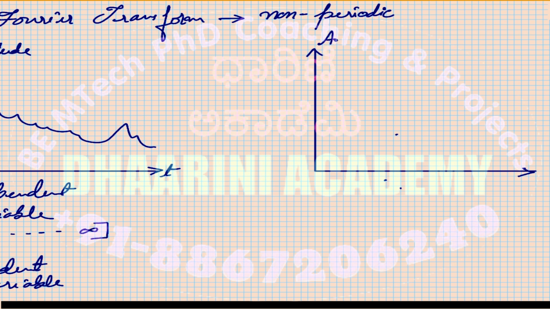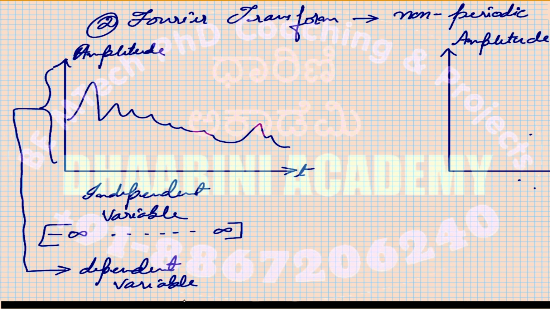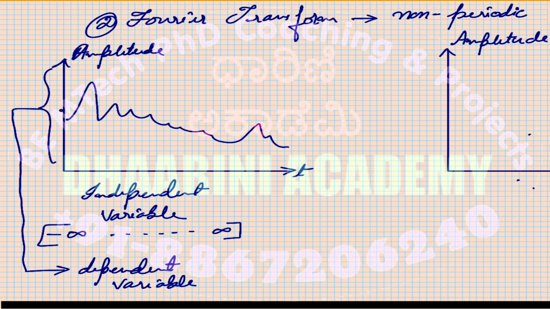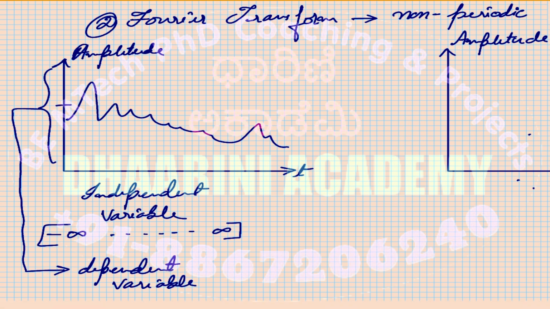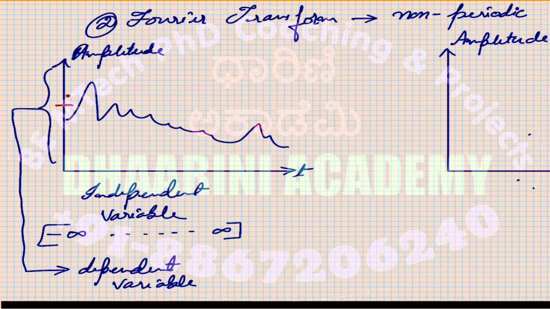Vertical axis is still amplitude. Okay, but the horizontal axis, I want to measure the frequency, right? You see, assume that this is a temperature data. Temperature data means for a given specific temperature, right? Let's assume this is a specific temperature like say 25 degrees.